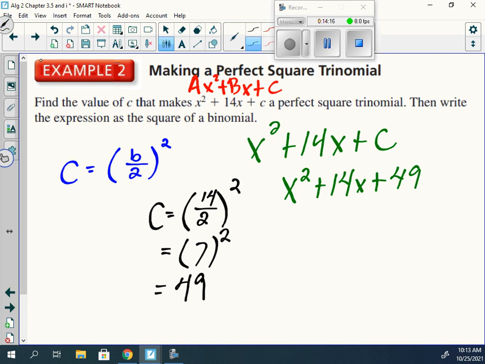That is the perfect square trinomial. Now, we need to write the expression as the square of a binomial. So we want to rewrite it as a set of parentheses squared. Well, we know the variable is what? X.